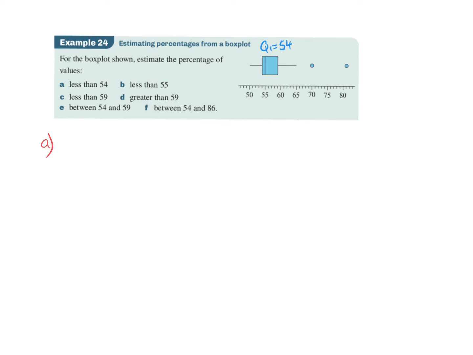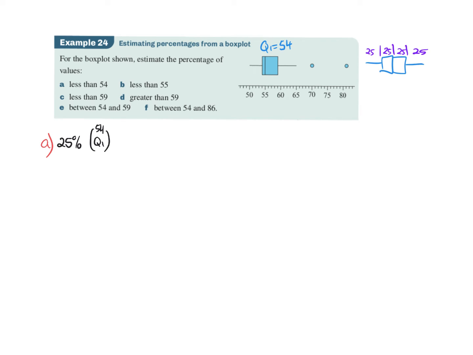So how much would be less percentage-wise? Would be less than Q1. Yeah, good. So remember I said that all these little sections from here is 25, here to here is 25, here to here is 25, and from there to the end is 25. So for A, less than 54 would be 25%, because that's Q1.